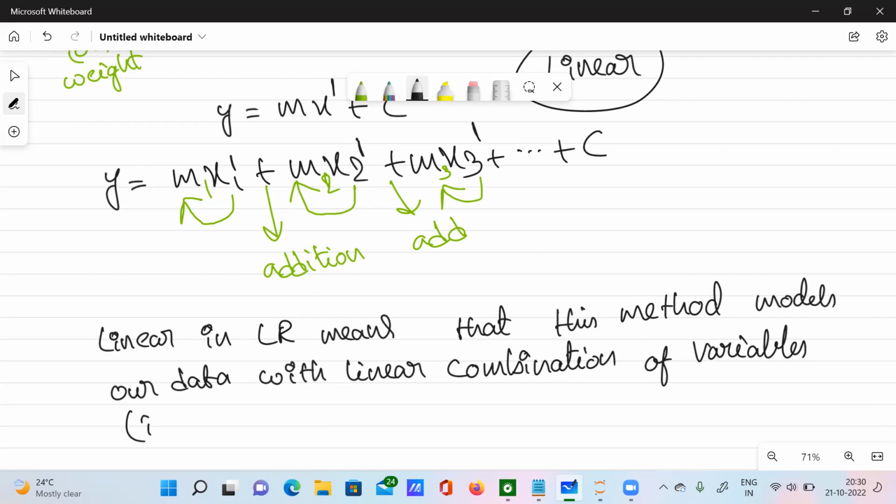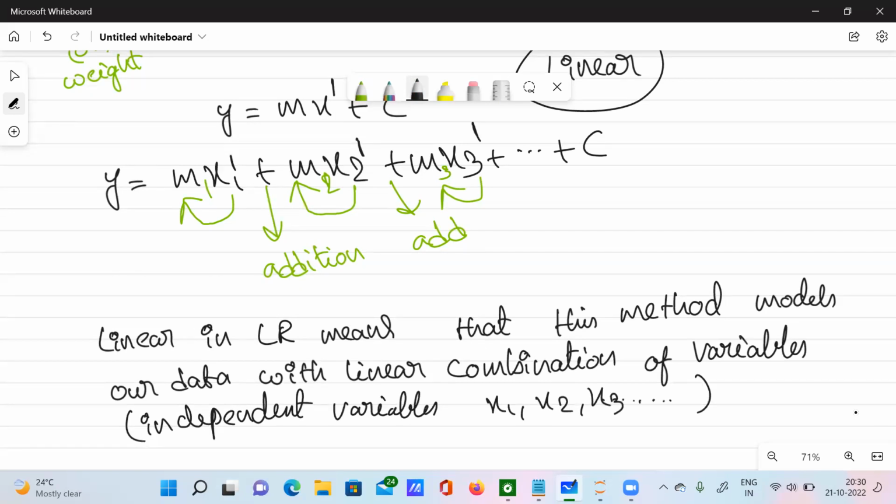Variables are the input variables, the independent variables also, which in the above equation are x1, x2, x3 and so on, right? So there may be a whole lot of variables. All these are the explanatory variables. So this is the case here.